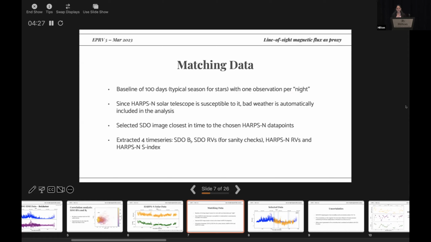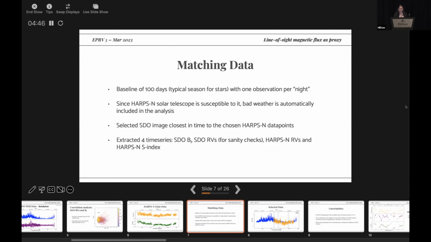Then I selected an SDO image that was closest in time to each data point. By the end of this, I had 4 time series: the SDO magnetic flux BL, the SDO RVs, which I don't really use more than for sanity checks, the HARPS-North RVs, and the HARPS-North S-index.